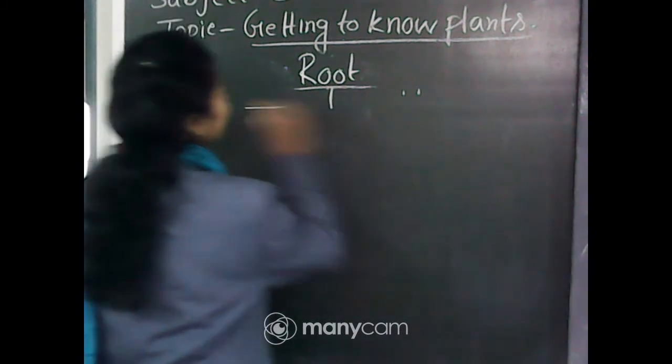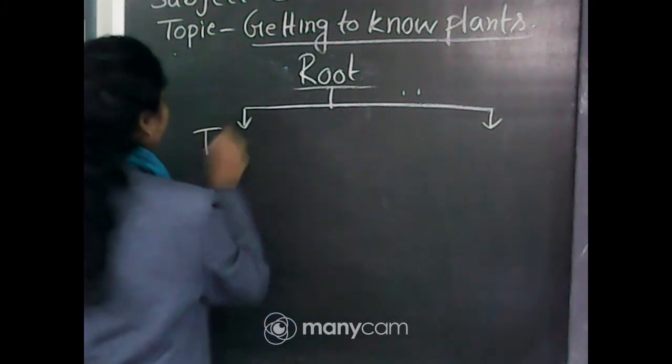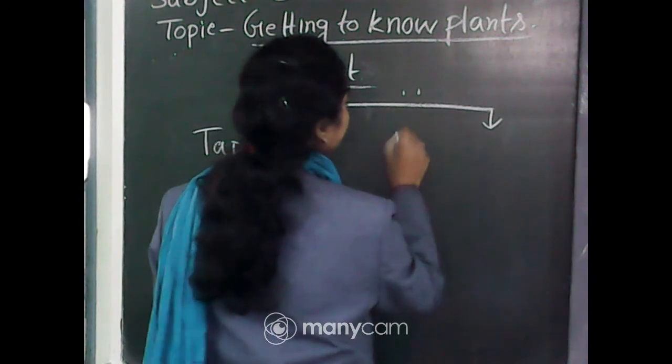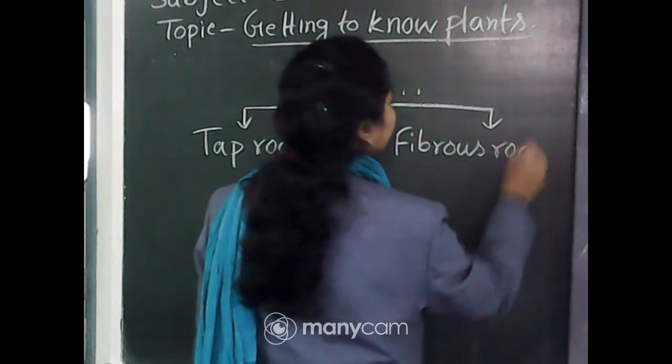So roots are mainly 2 types. One is taproot, another is fibrous root.